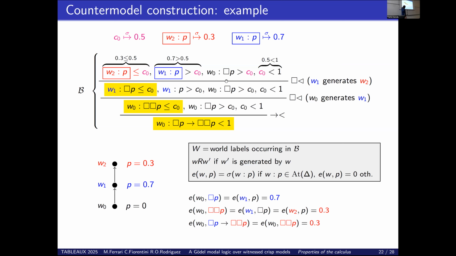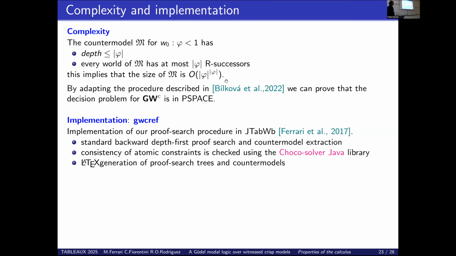The labels represent worlds. Anytime I apply a box rule, I introduce a successor, and the final assignment gives me the value, for example, in w2 p is not 0.3. I set p equal to 0.3 in w, and this is a counter model.